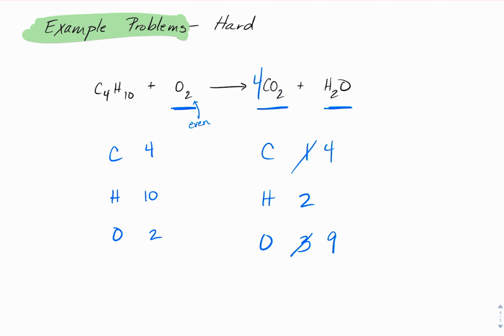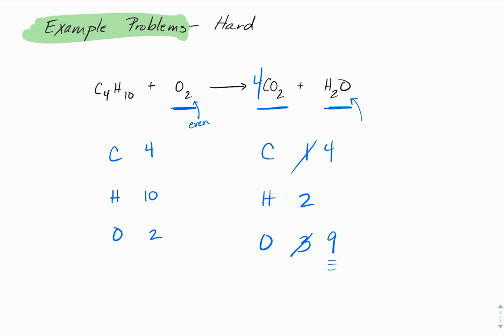That means no matter what coefficient you put in front of it, you're always going to have an even number. So I have an odd value here. That's never going to work. So I'm going to have to make that even. More often than not, if you have something here that has a single element in it, that's odd, we're going to have to adjust that coefficient's value to make it an even number of oxygens. That means really the only things I can put as coefficients in front of H2O are even coefficients. So 2, 4, 6, 8, and so forth.